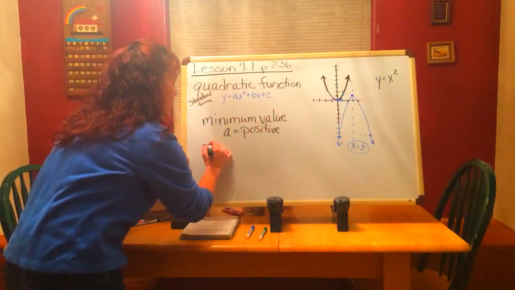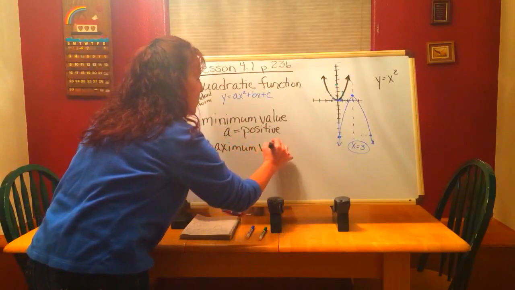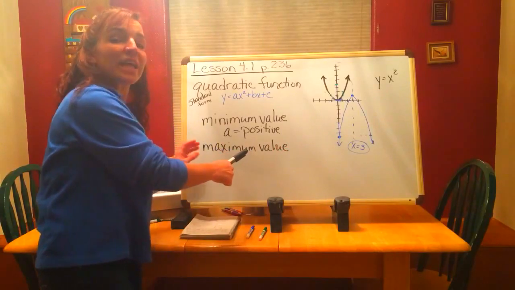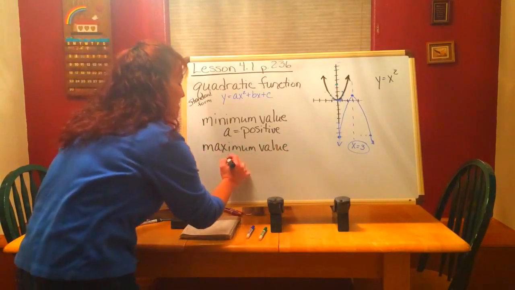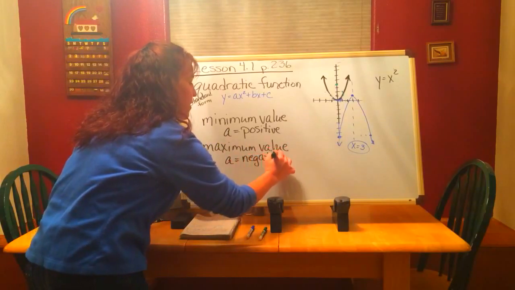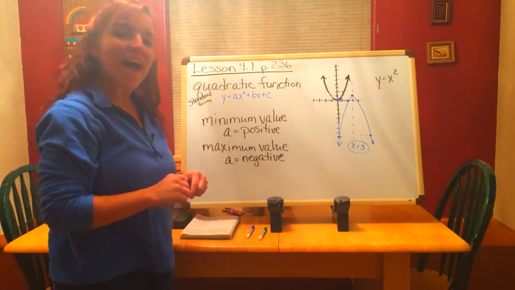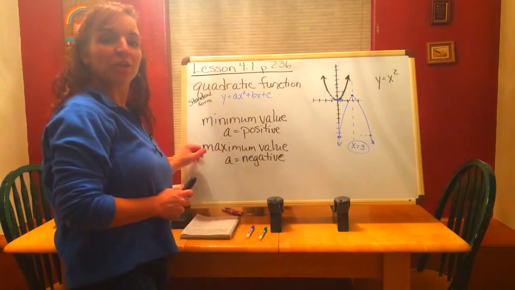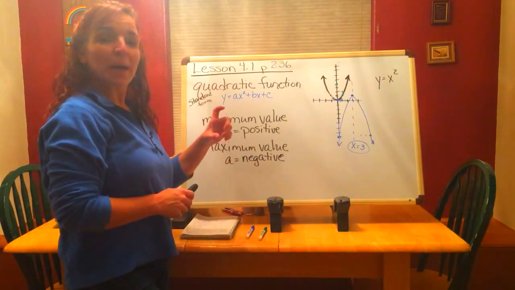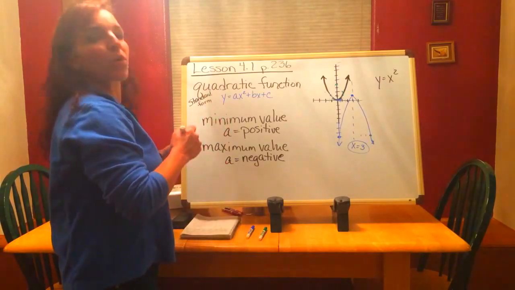So the maximum value will occur if you have a function that has a negative a. So if your a is negative, then that function will have a maximum value, and that maximum value is going to be the y value at the point of the vertex.